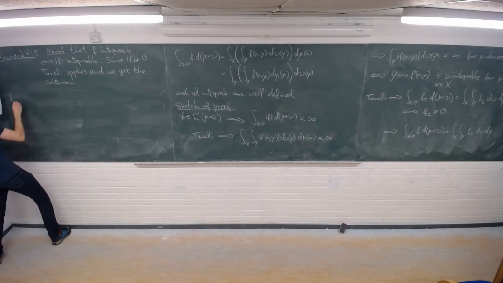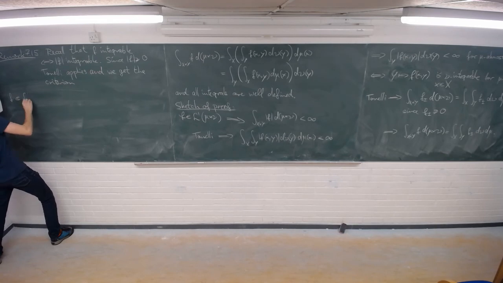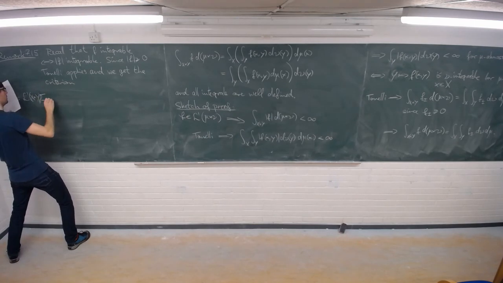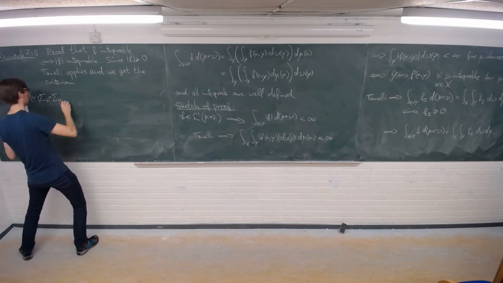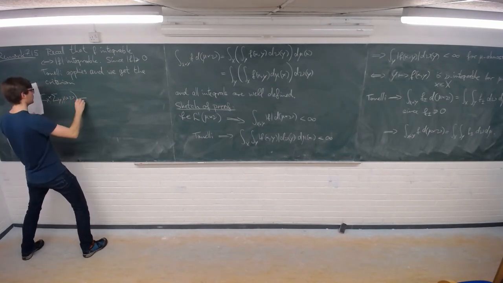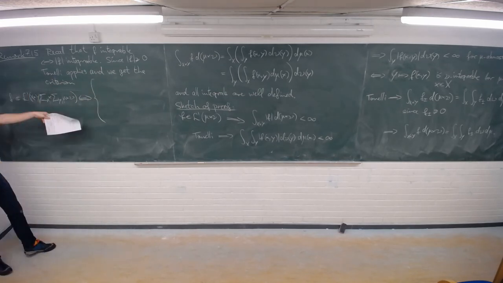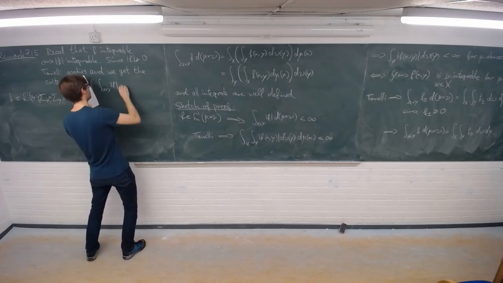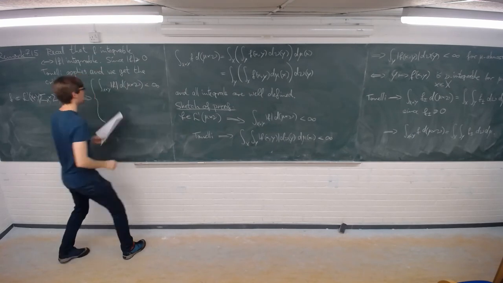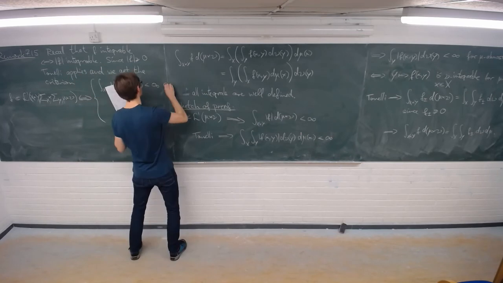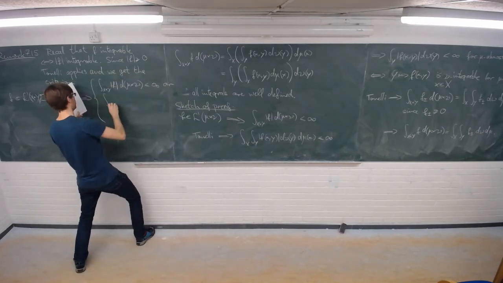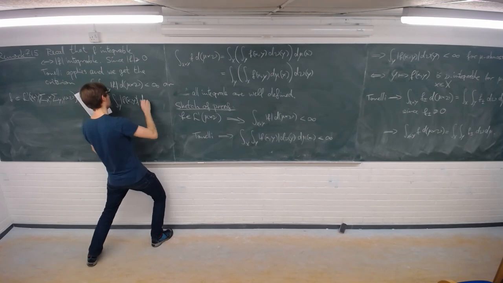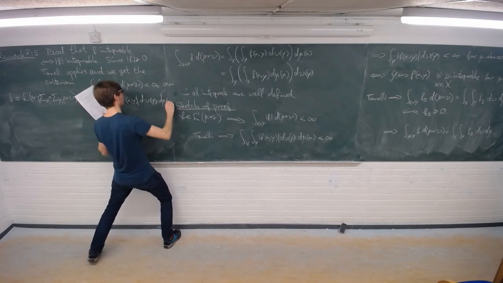that f is integrable on the product space, so in L1 of X times Y, sigma X times sigma Y, mu times nu, if and only if any of the following three conditions hold: either the integral over X times Y of the absolute value of f, d mu times nu, is finite, or the iterated integral, integral over X, integral over Y, absolute value of f of x, y, d nu of y, d mu of x, is finite.